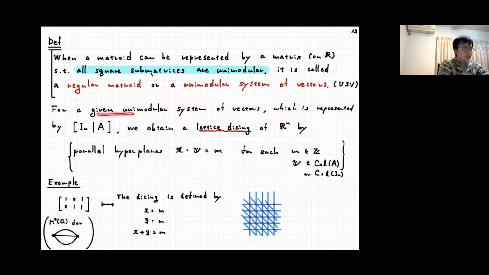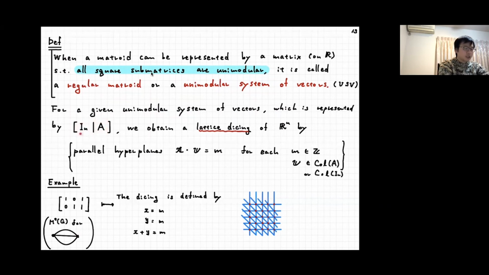And for a given unimodular system of vectors, since this is unimodular, we can represent it in the form of an identity matrix and a certain matrix capital A here.